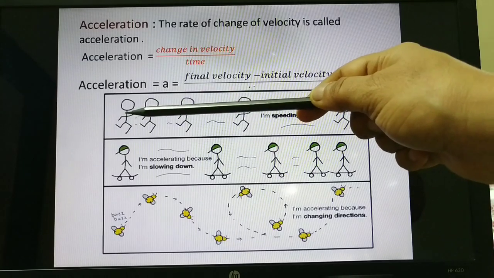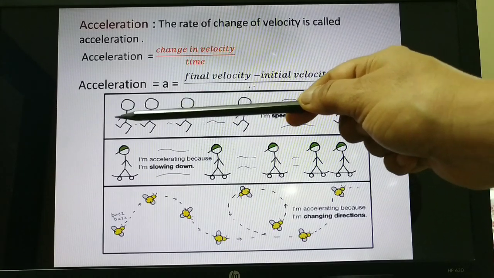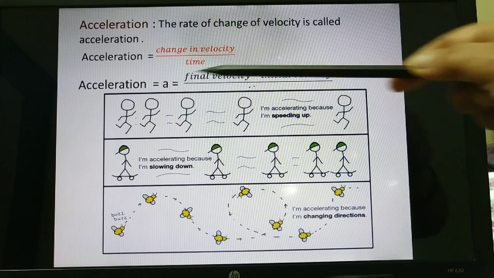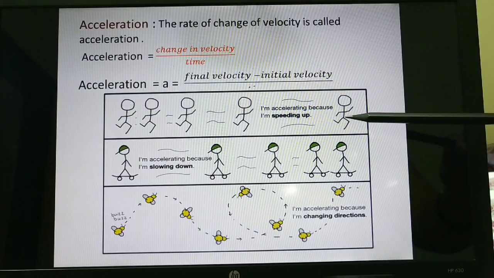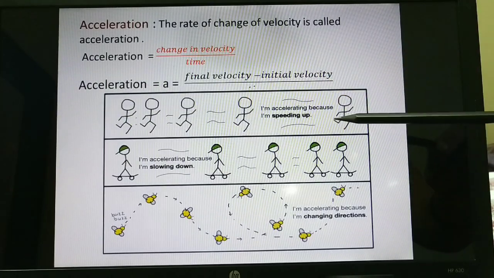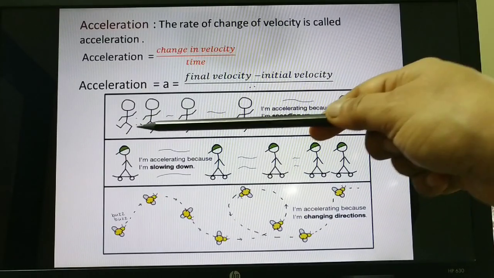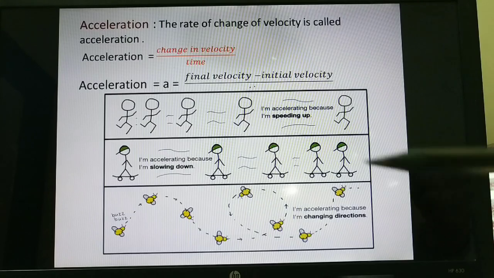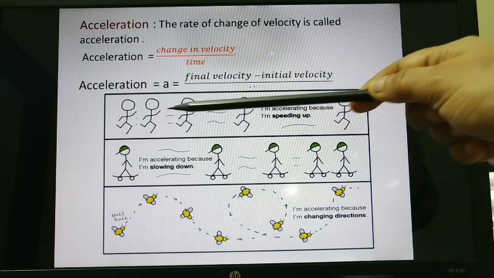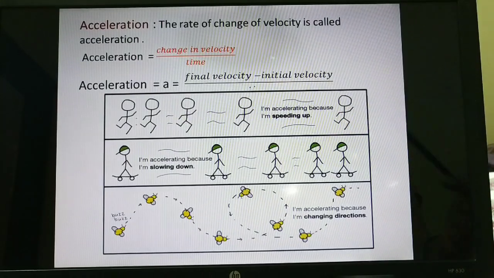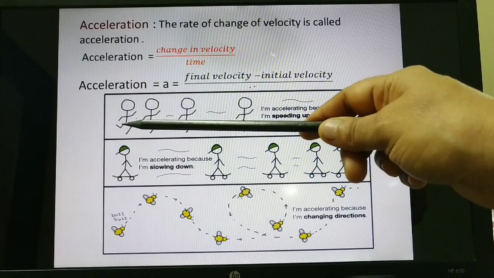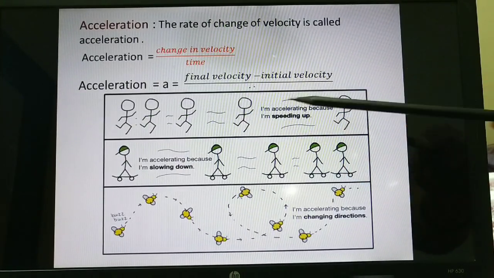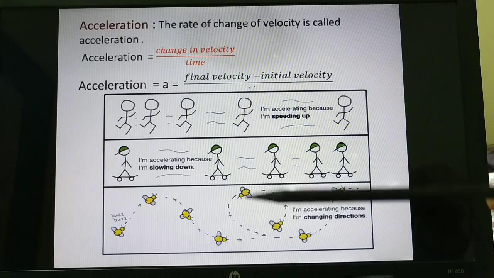There is a difference between the speeds here, and that difference we call acceleration. So every time there is a difference between initial and final.